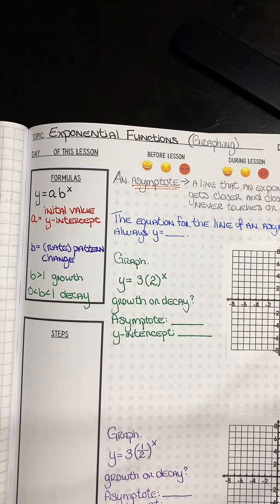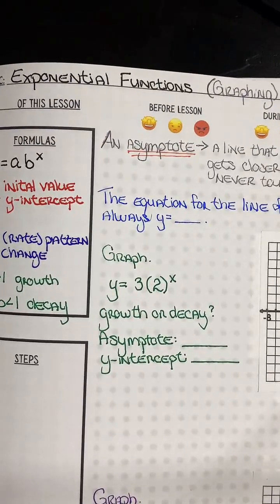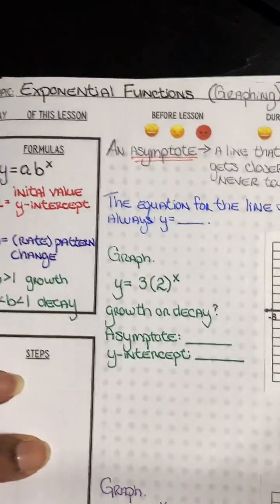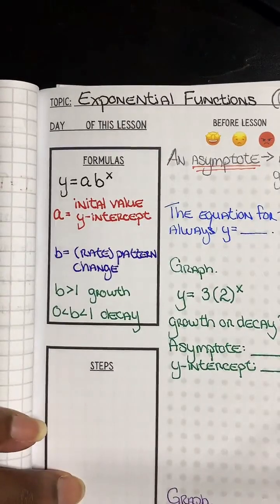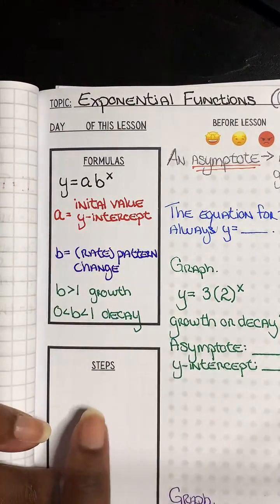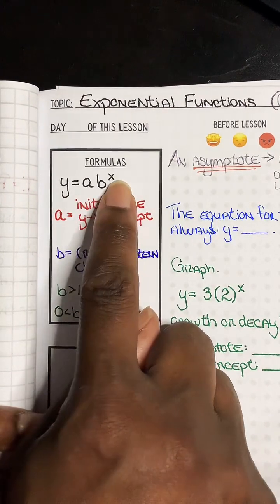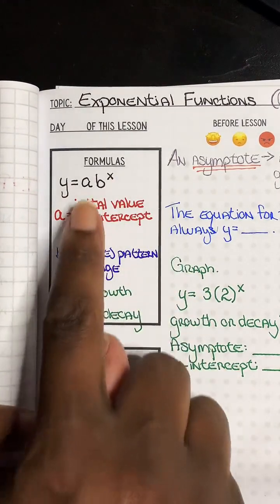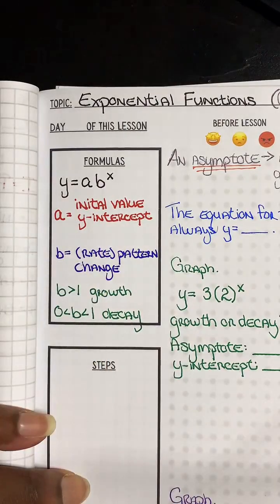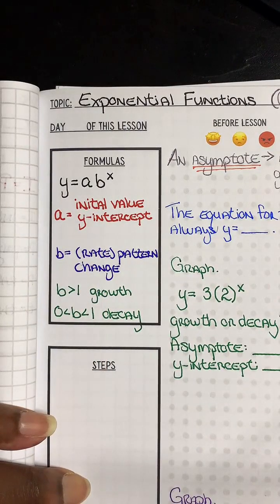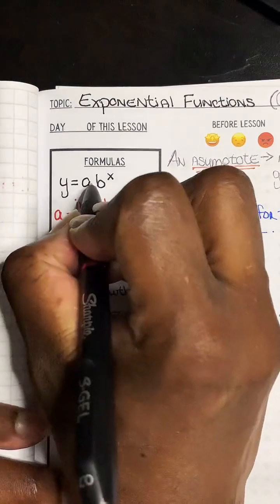All right. So when we're looking at exponential functions, we have a couple of formulas, but the framework is basically the same. You have y equals a times b raised to the x. Sometimes there's a point there, usually a multiplication happening in between.